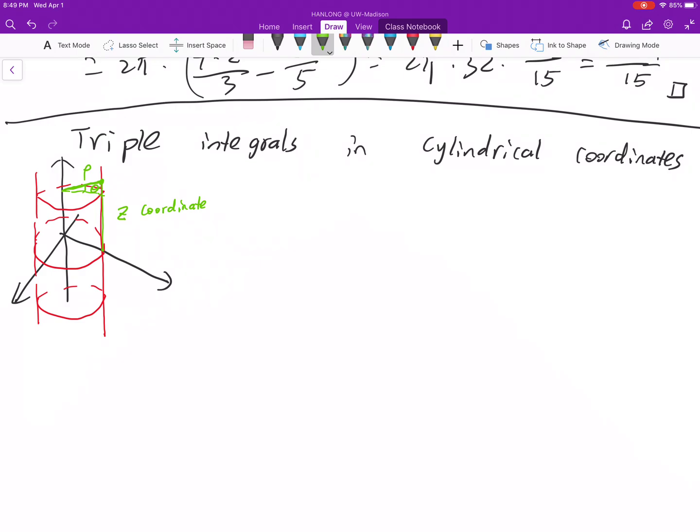In other words, in rectangular coordinates, suppose you have x, y, z, then we use the following substitution to describe it. Sorry, here rho.